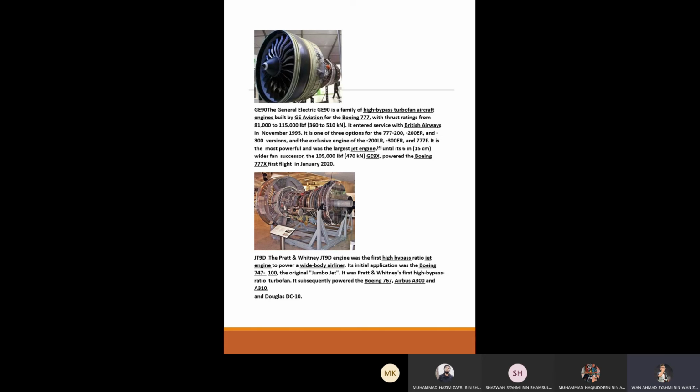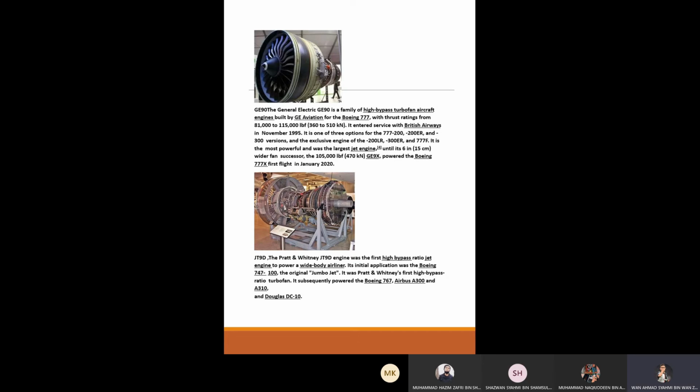It is the most powerful and was the largest jet engine until its 6 in, 15 cm wider fan successor. It powers the Boeing 777X, first flown in January 2020.